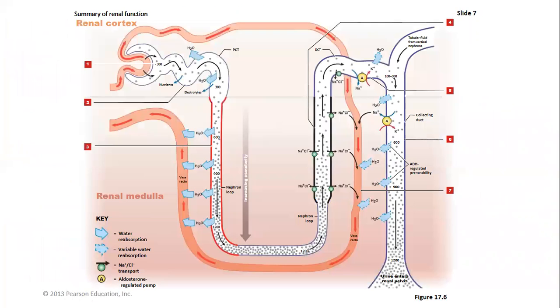There's a summary figure to show you where everything is occurring, where exchange is occurring: reabsorption of water and ions into the blood here, concentration and dilution of urine, and then more reabsorption and exchange and even some secretion here in the distal convoluted tubule, more water exchange. Water is exchanged across every part of the renal tubule, but what else gets exchanged is solutes and ions, and things can vary quite a bit.